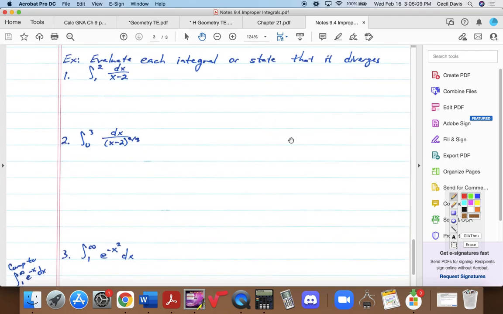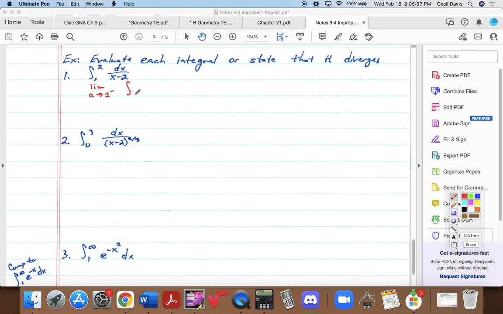So, for example, this one, where's the problem on this one? It doesn't exist at 2. The integrand is undefined at 2. So we'll rewrite this as the limit as a goes to 2 from the left of the integral from 1 to a of dx over x minus 2.